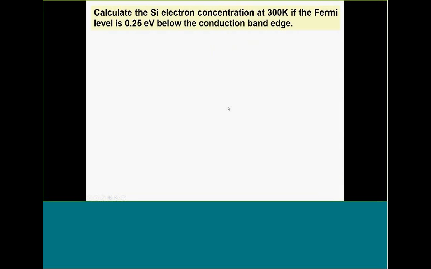Okay, before we end, let's do one calculation because that's what we are here for today, isn't it? Calculate the silicon electron concentration at 300 K if the Fermi level is 0.25 eV below the conduction band edge. Just now we have calculated the Fermi-Dirac Boltzmann approximation probability, and also the density of states. So now we just put both together.